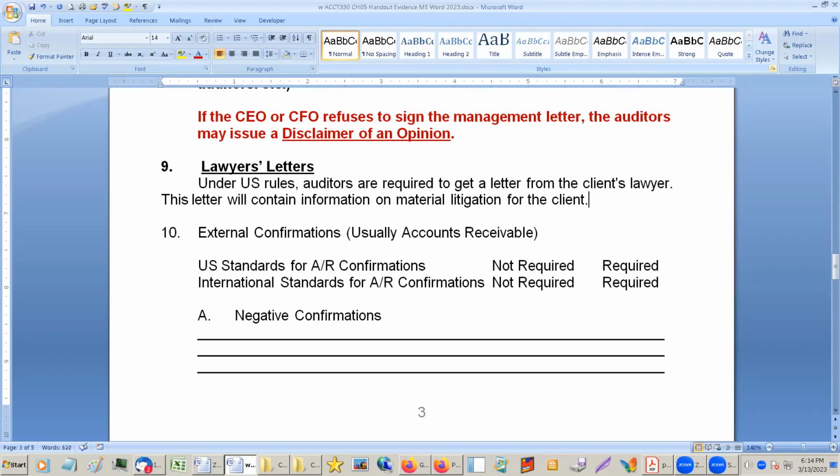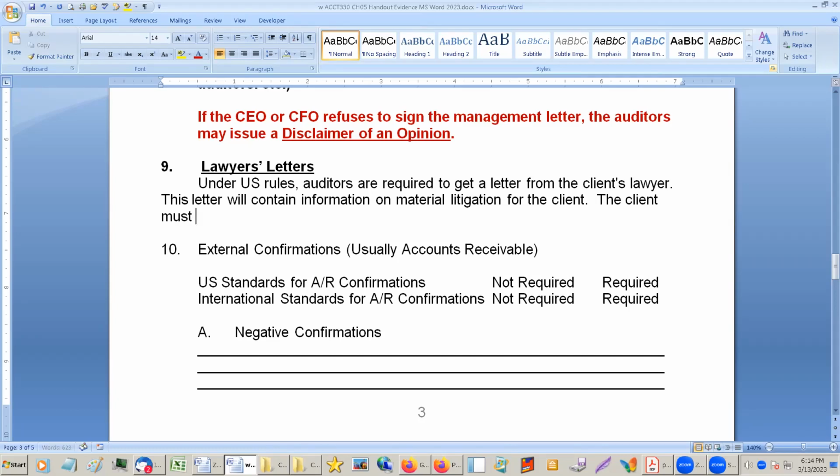Now, the client must give the lawyer permission to do this. And this brings up a kind of strange situation, and this is the only time that it really happens.